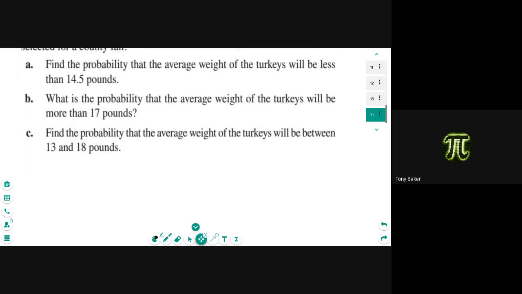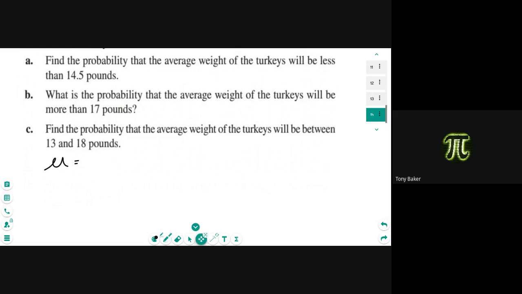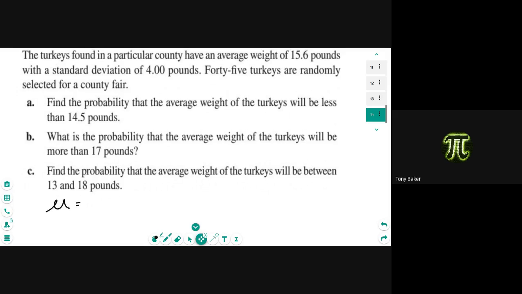I'm going to slide it up, but I'm going to actually write the other numbers down below in a second. It would help if I actually wrote them first.